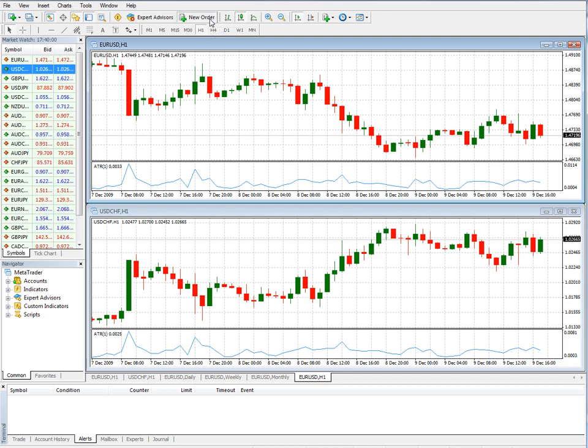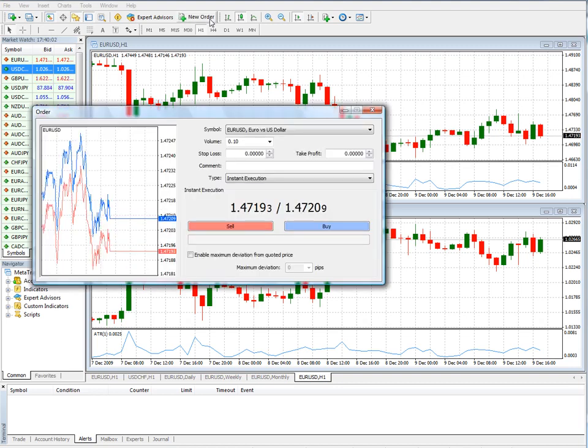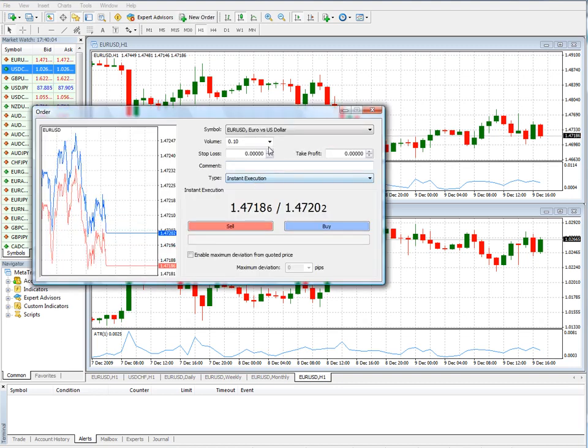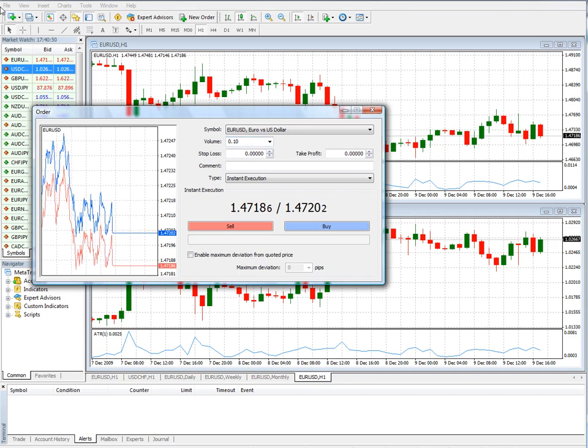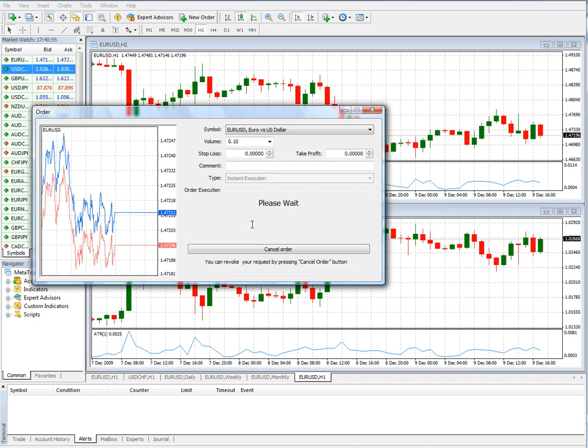Okay, so the first order is I'm going to sell, and I'm going to sell this particular thing at 1/10 of an entire lot. I'm going to sell the euro dollar US dollar. Okay, and I'll just give you an example of how this can work. So there we go.